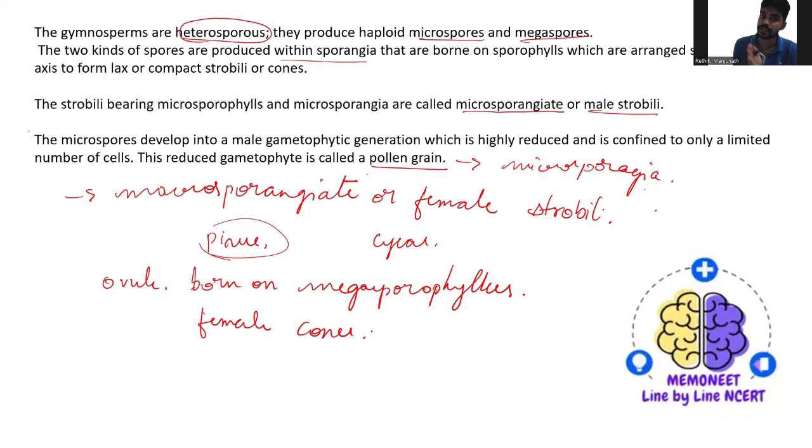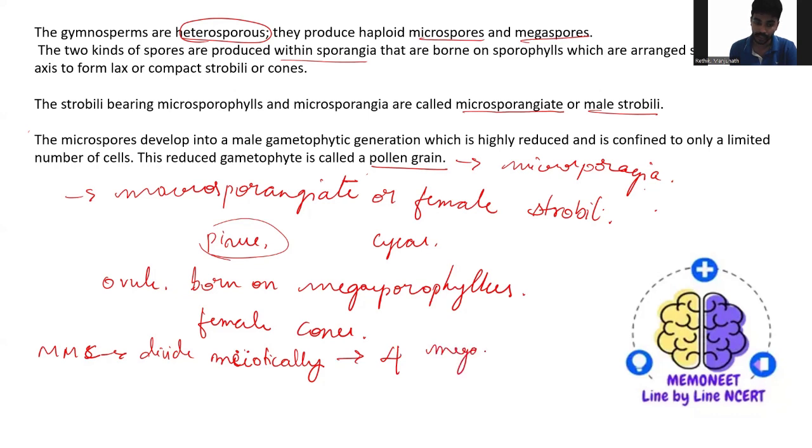Then what happens? These megaspore mother cells are going to divide meiotically to form how many? Four megaspores, right?